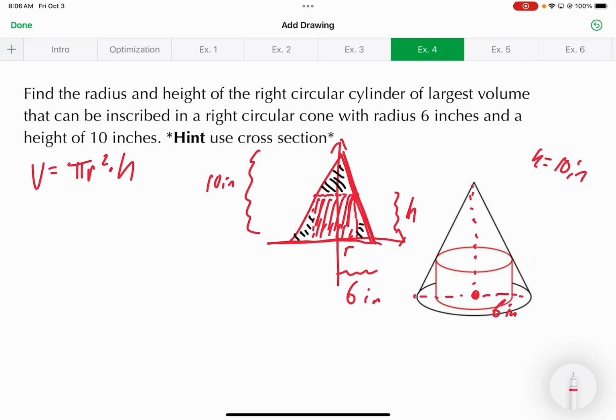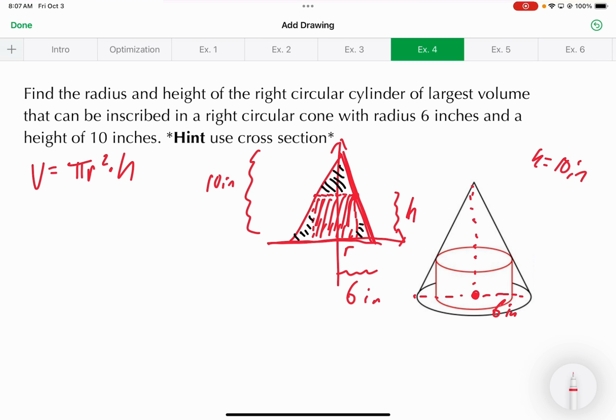And if this is an x value, then the height of this, which is what I would want to find, is kind of like a y value. But it's a y value on this line right here. So you can think about it like a line, okay? If I can come up with an equation for this line, then I should be able to come up with a height that I can use to plug into my volume formula.